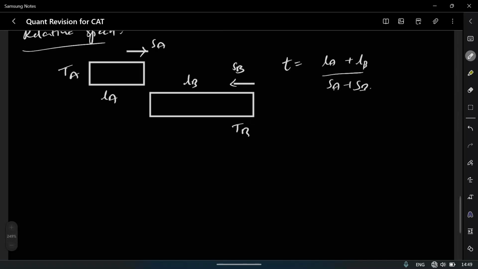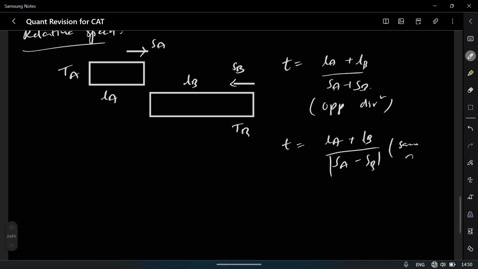And if both are traveling in the same direction, it is LA plus LB by relative speed, which is mod of SA minus SB. We are keeping mod because we don't know whether A is greater or B is greater.